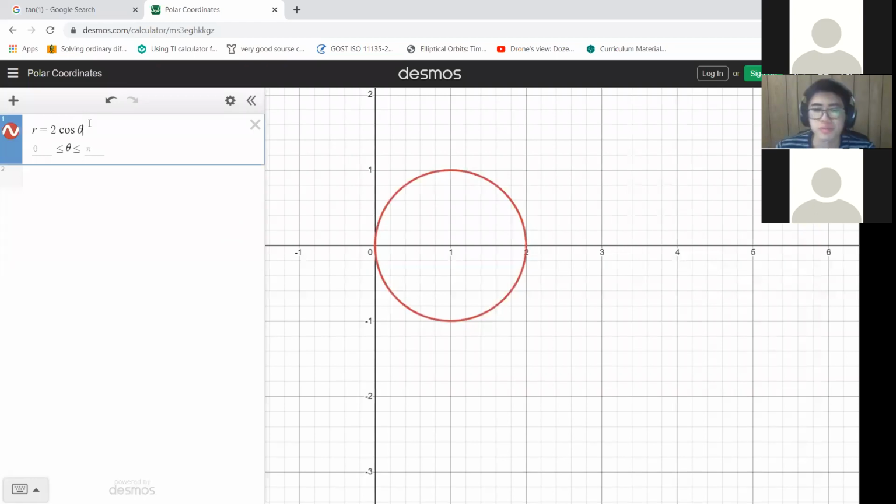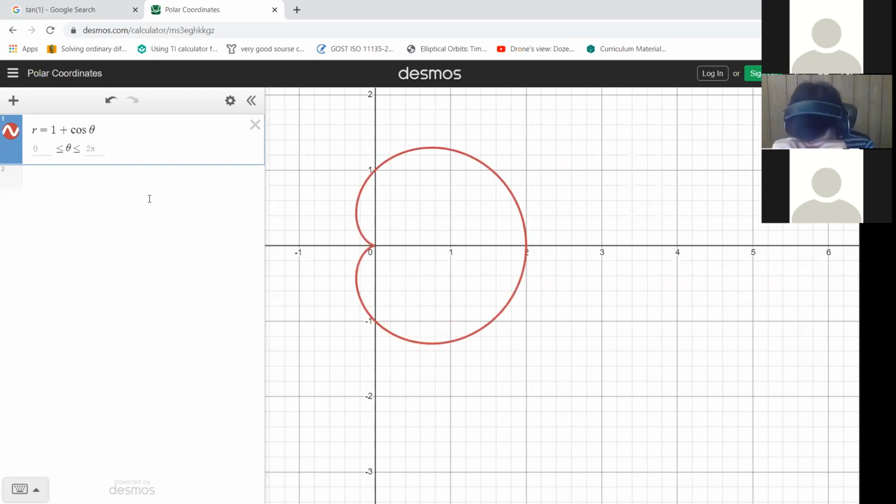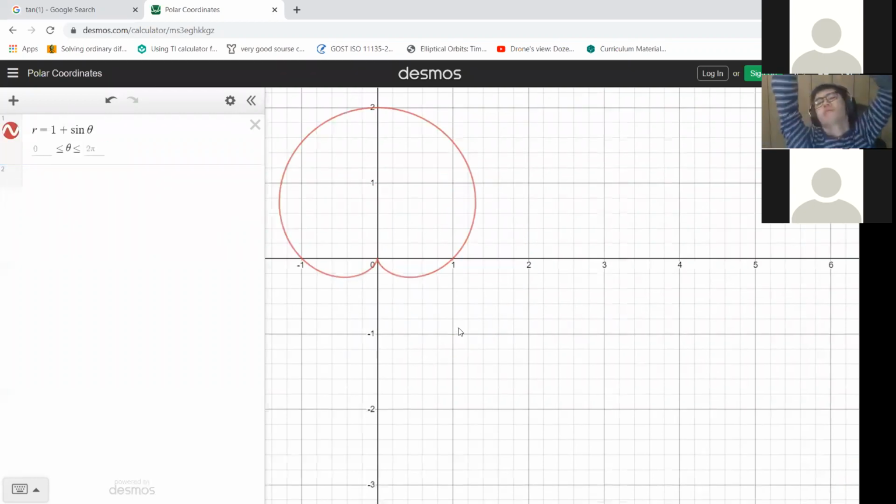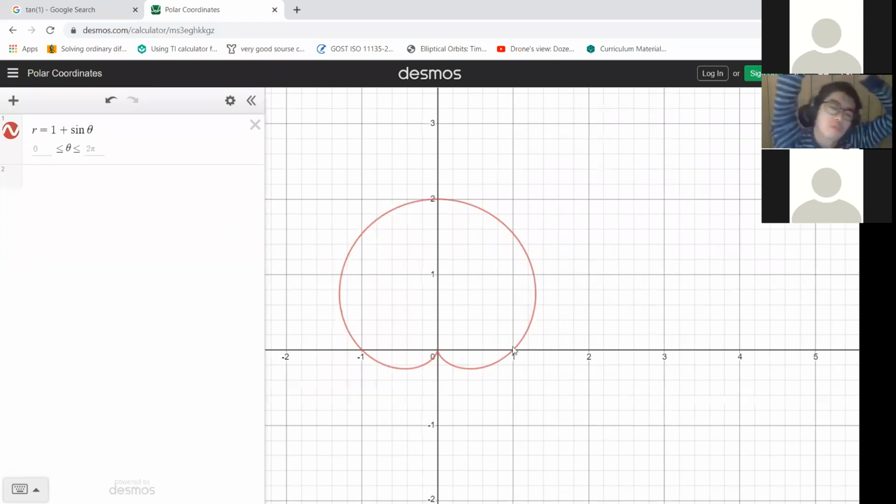So here we have r equals 1 plus sine theta. If you use sine, this is your cardioid. That's the graph line. So you saw that if I change it to cosine, the direction will change.